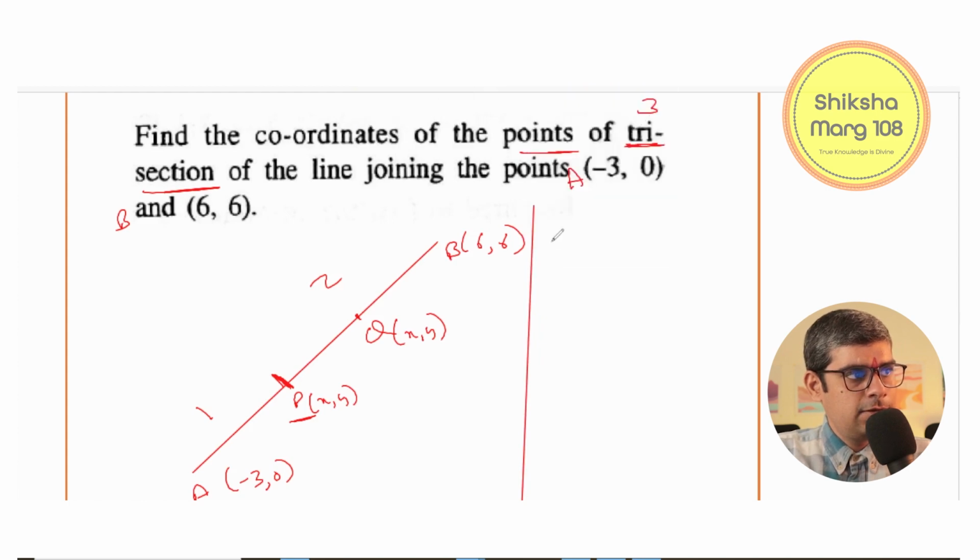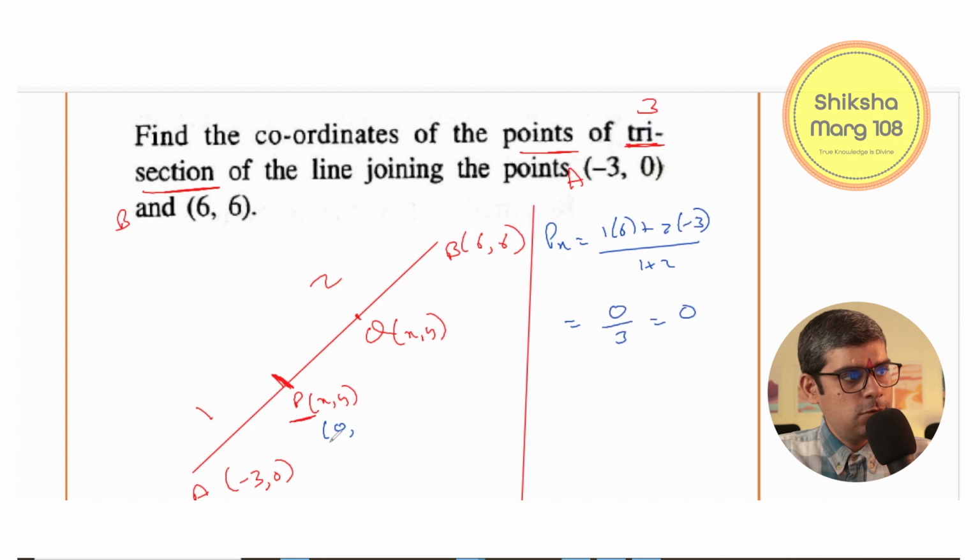I'm going to use a different ink. That's Px equals 1 times 6 plus 2 times -3, the whole over 1 plus 2, which is 3. The 6 plus 2 times -3 is -6. 6 minus 6 is 0. Anything upon 0 is going to be 0. So that's good enough. We got the x coordinate as 0.